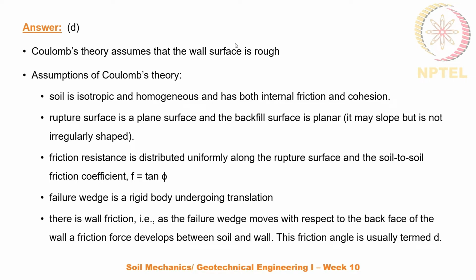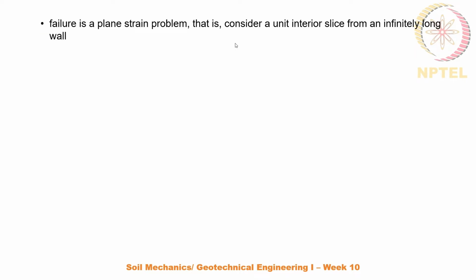And the last assumption is there is wall friction. That is, as the failure wedge moves with respect to the back face of the wall, a friction force develops between the soil and wall. And the friction angle is usually termed as delta. Also, the failure is a plane strain problem. That is, consider a unit interior slice from an infinitely long wall.